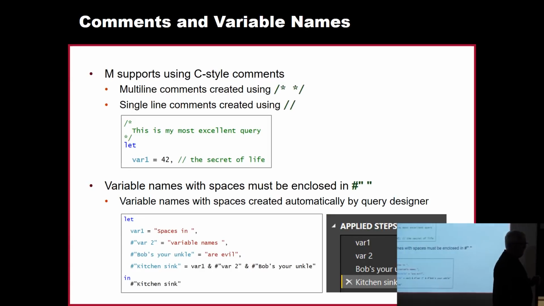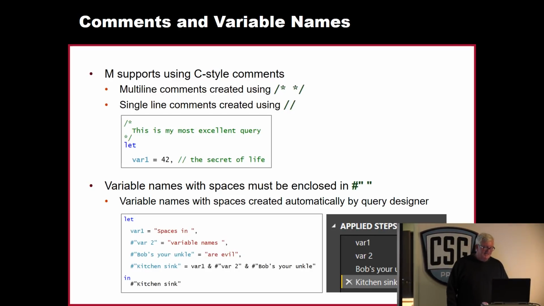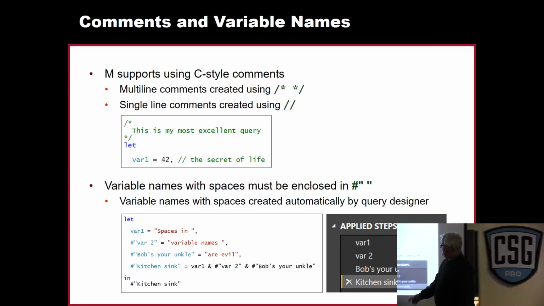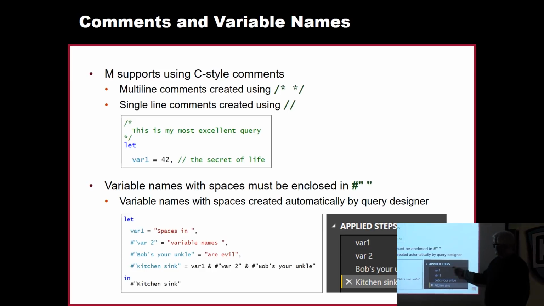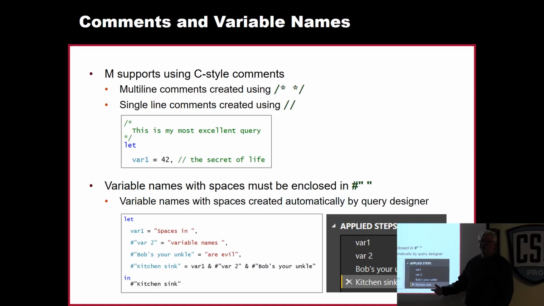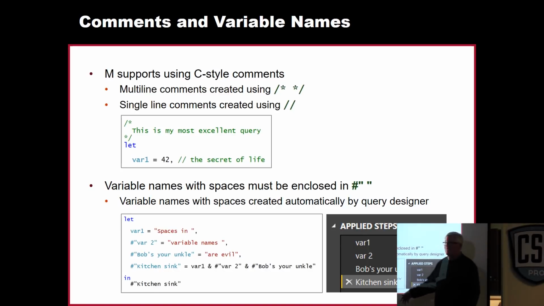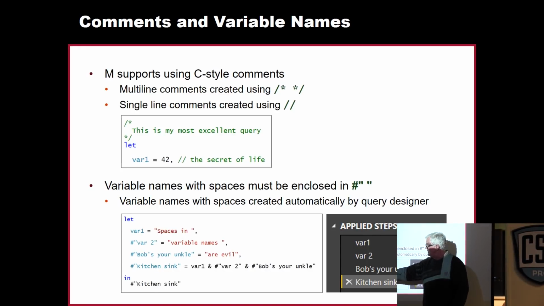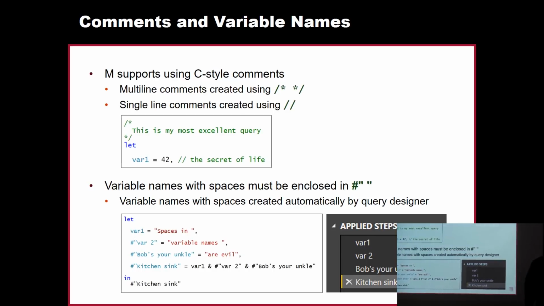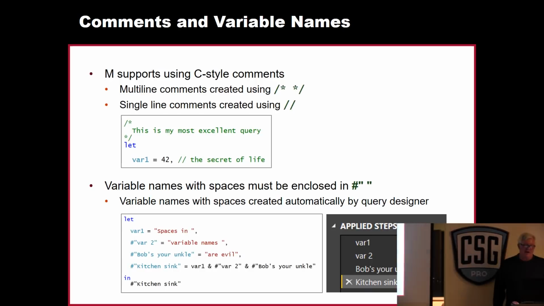Now, when I said one side has to be ugly or the other, when you have spaces, the applied steps looks a lot prettier because you can have spaces inside here. So when you're using the tool, they err on the side of making the M code a lot more messy by putting spaces inside there, but then forcing that extra # and quotes around there.